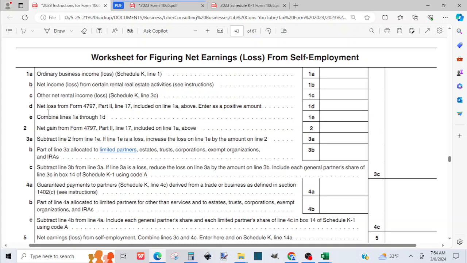So net loss from Form 4797 Part 2 is getting included. So you'll combine line 1 to D, net gain from Form 4797 Part 2 line 7 included. So you'll add it back, you'll subtract it out of it. Part of line 3A allocated to limited partners, you'll add it, and then you'll subtract line 3B from line 3A.